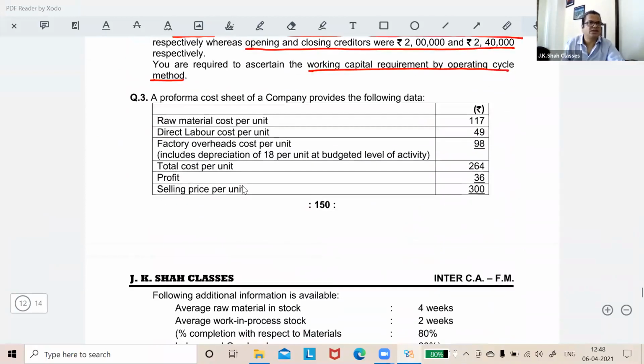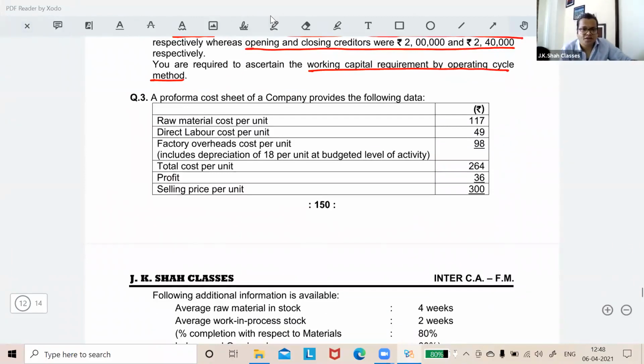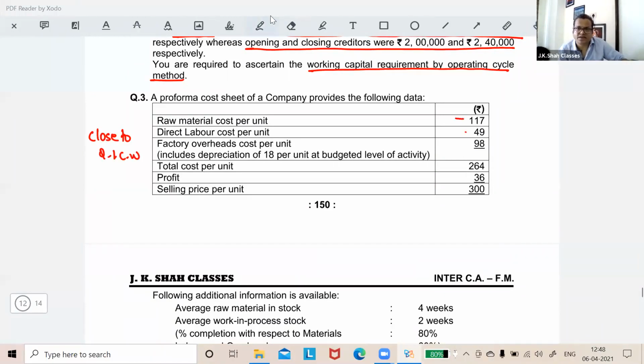Talking about question number 3, I would say it is quite close to question number 1 of class 1. How? Raw material is given, direct labor is given, factory overheads are given as 98, of which 18 is depreciation. Remember, in question number 1 the factory overheads were 40 rupees, of which 10 rupees was depreciation and 30 rupees were cash overheads.